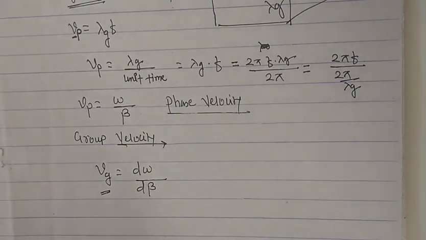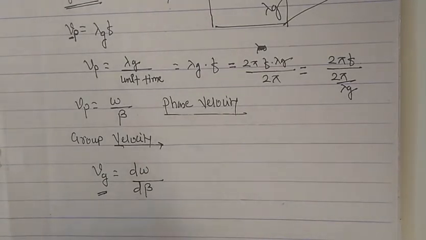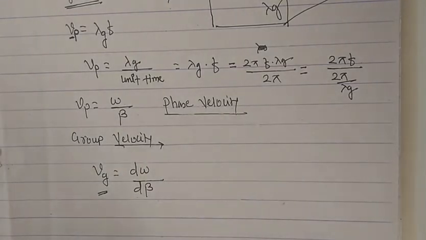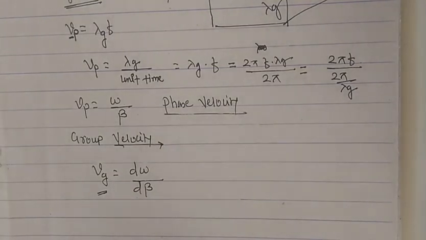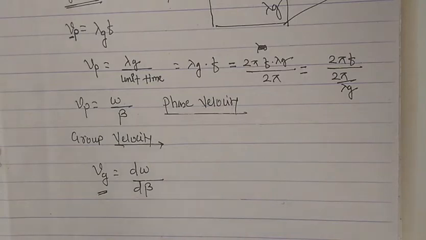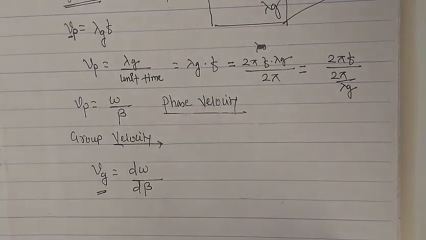Sometimes if you have multi-tone signals, they are all traveling together, so the group of those signals will be traveling with some average velocity, which is called the group velocity.